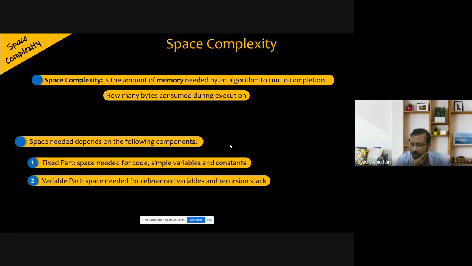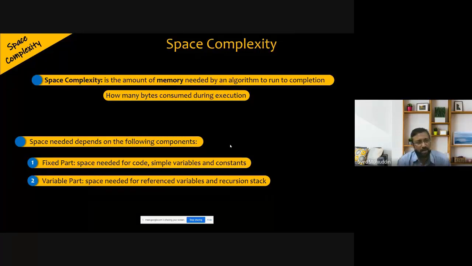Then there is a variable part. This variable part is nothing but all the referenced variables, as well as the recursion stack. Now, don't get confused here with respect to recursive algorithms and the recursion stack.